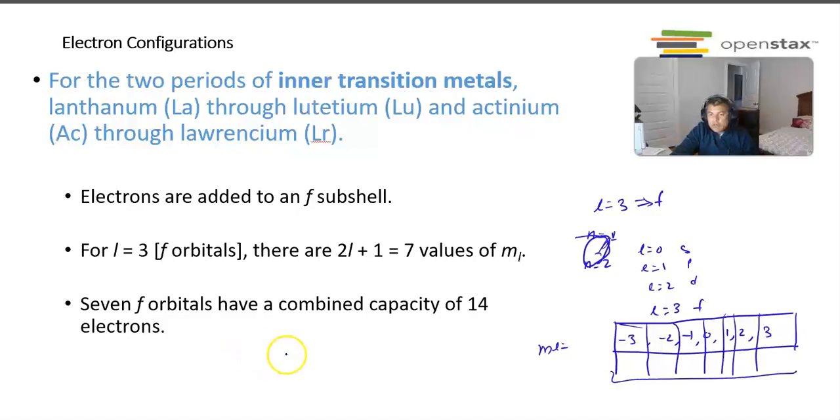So how many total electrons then? Each has 2, always 2, right? Each can have maximum 2, so that's why 14 electrons. f will have 14 electrons.